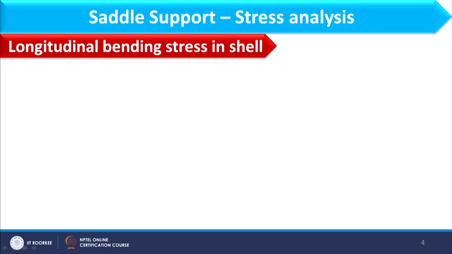So, here I am having longitudinal bending stress in shell. Here we have seen that longitudinal moments are occurring at two different places, at mid span as well as at support. If I am considering mid span, we will have two sections.